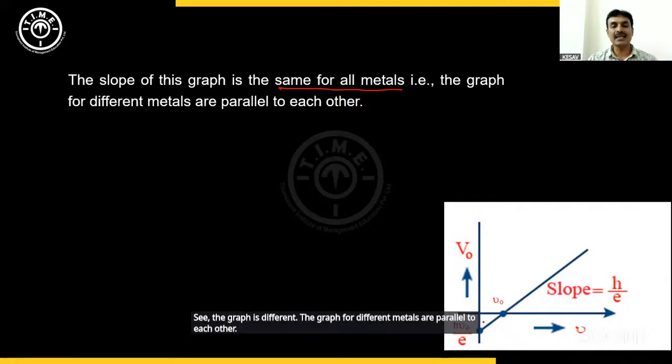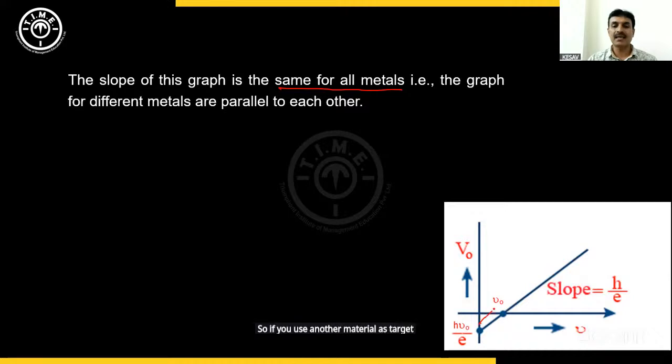See, if you use another material as target material, its graph may be going like this, a straight line parallel to the first one. Another material may have a graph something like this. Their y-intercepts are different and the threshold frequencies are different, but the slope is same.